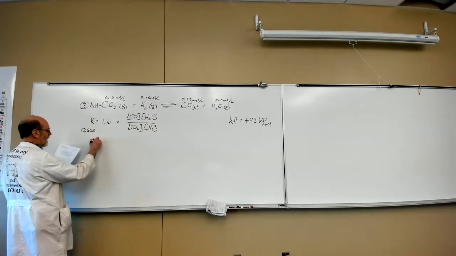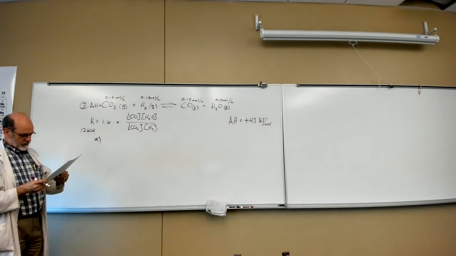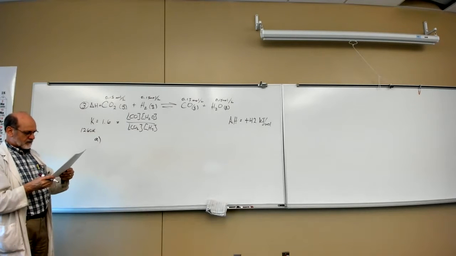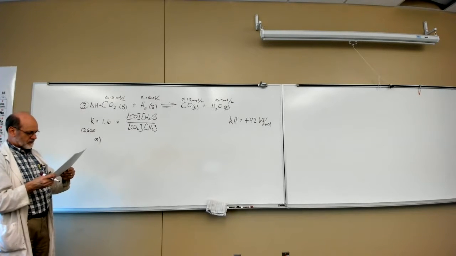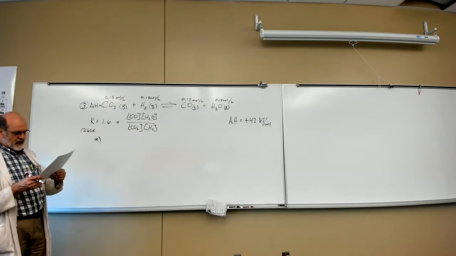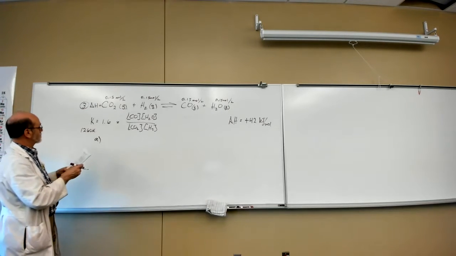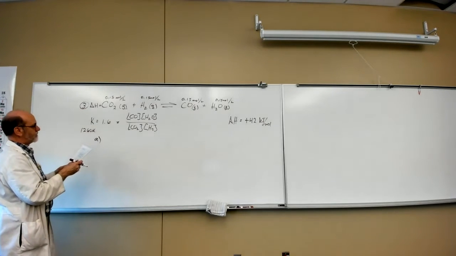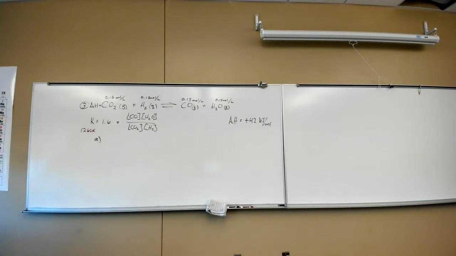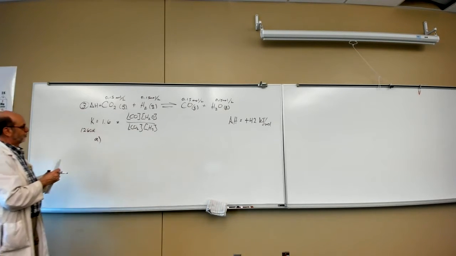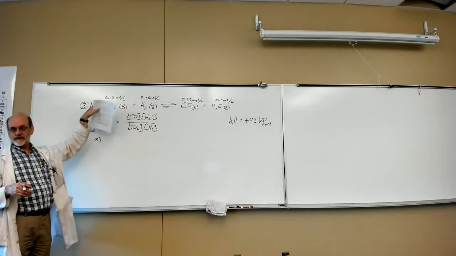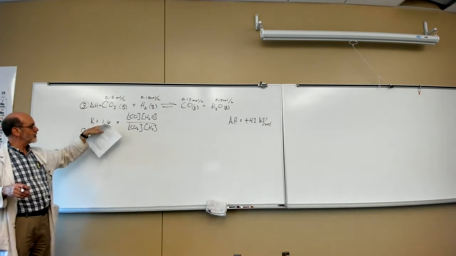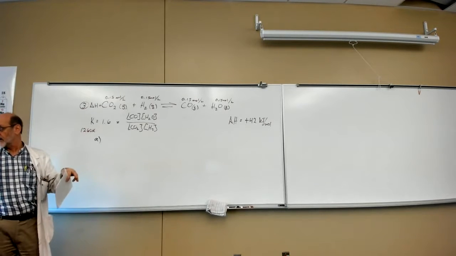So for A, the temperature would decrease and the mass of CO2 would increase. So what do we need to do? We need to find out what the Q is, right? Because this is a starting position, so we have to compare the Q to the K to know which direction it's going to go.